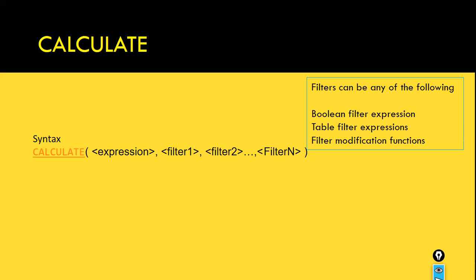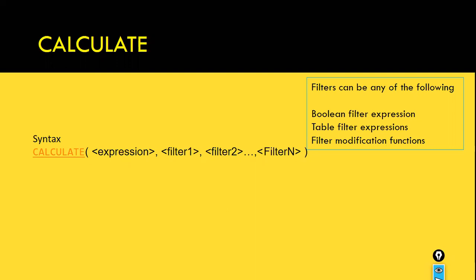That is the beauty of this function. The ability to change the context within a measure is very important in DAX. We have seen how to perform context transition in the data view, from row context to filter context, using the calculate function.